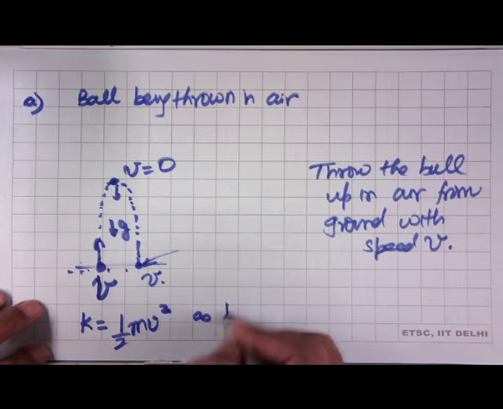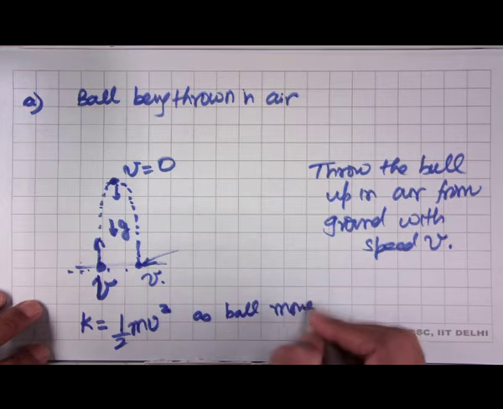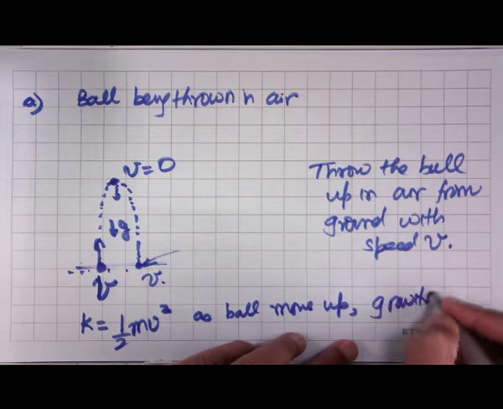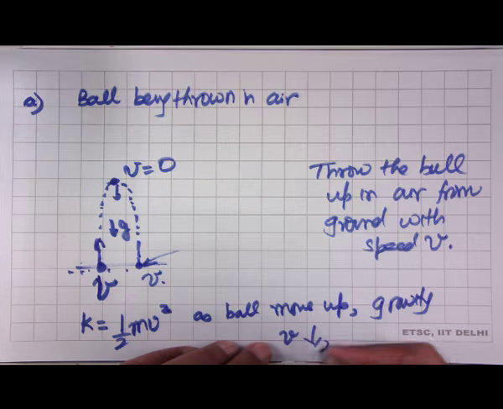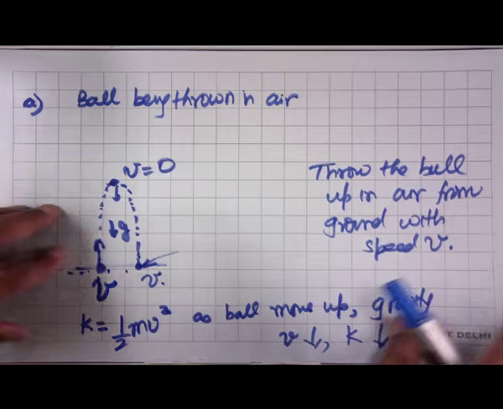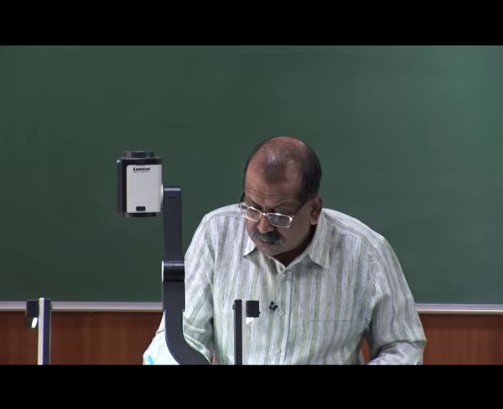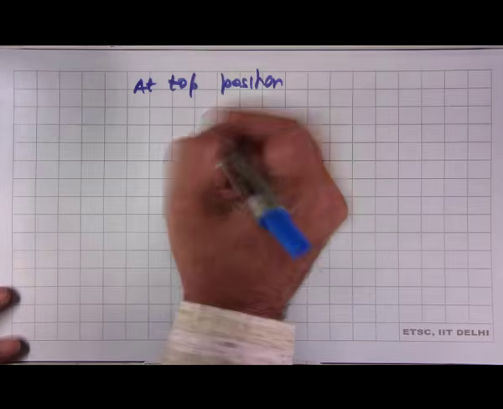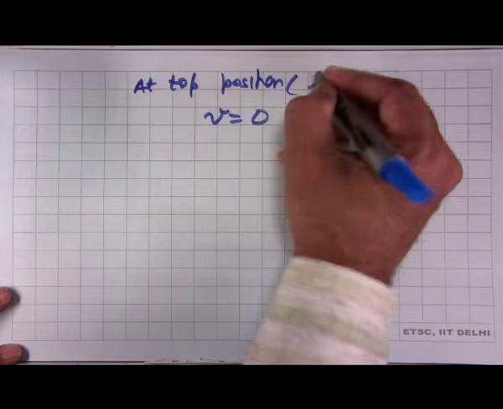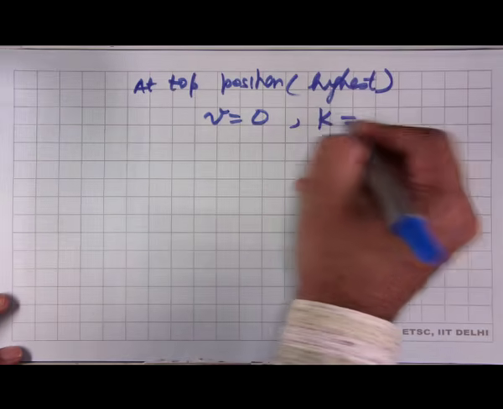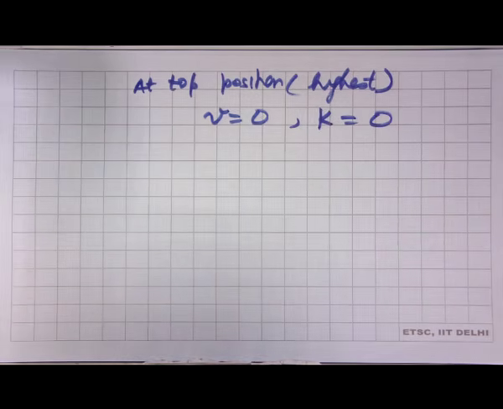As the ball moves up, due to gravity, the speed v comes down, which means kinetic energy comes down, and at the top position, the highest position the ball will reach, the velocity becomes equal to 0, which means the kinetic energy has become 0.